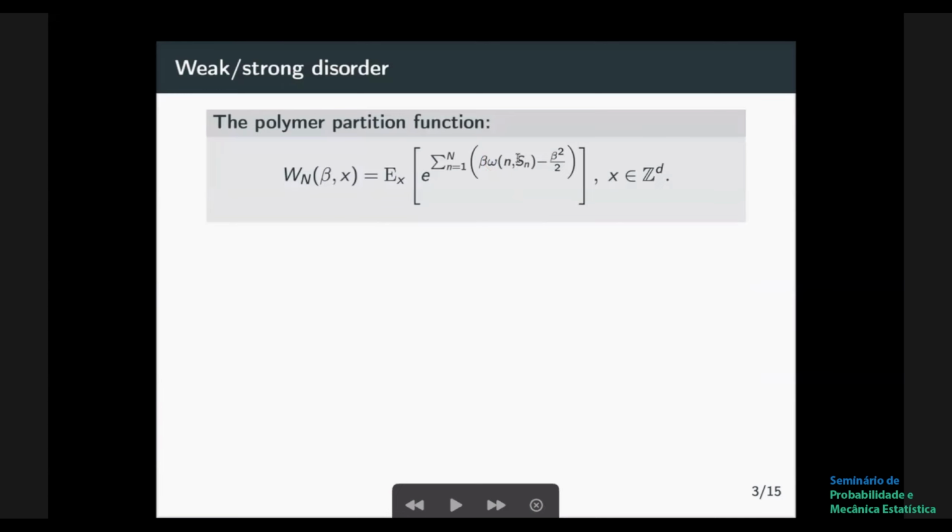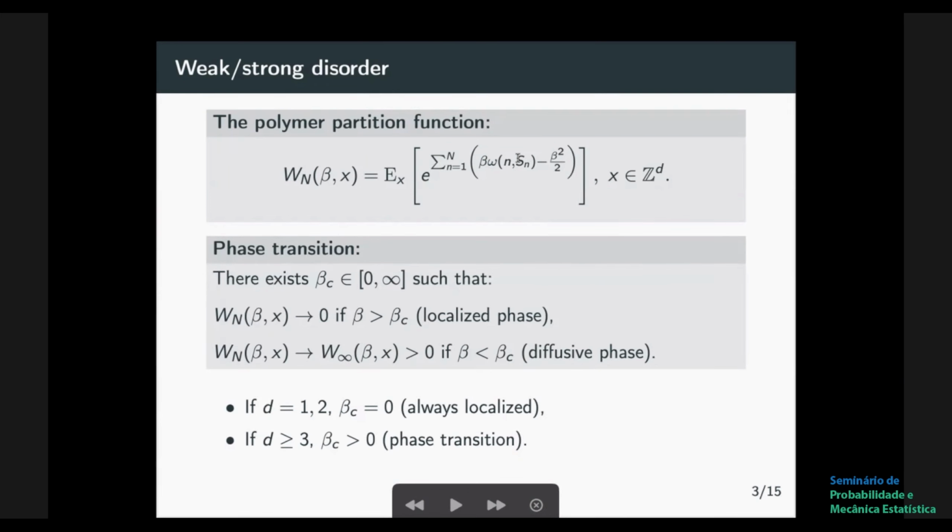So there is a phase transition. It's a well-known result for a long time now that if beta is very large, then you are in a localized phase, in the sense that your polymer path will be concentrated in small parts of the environment where the omegas are very large.